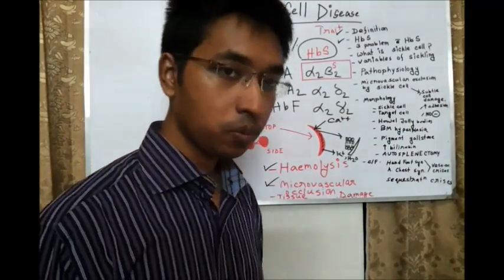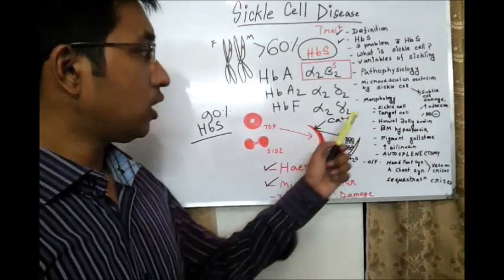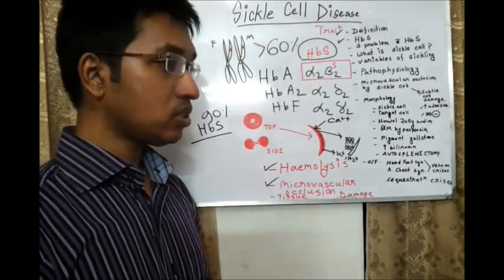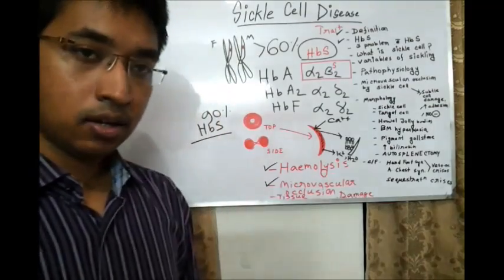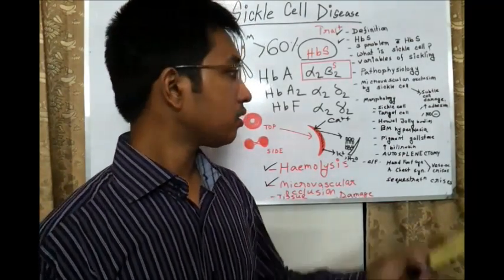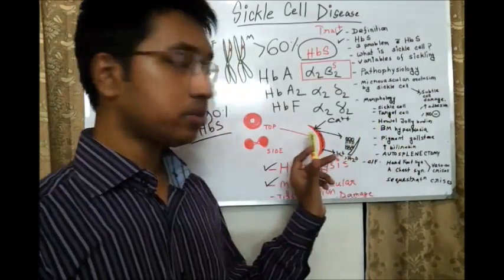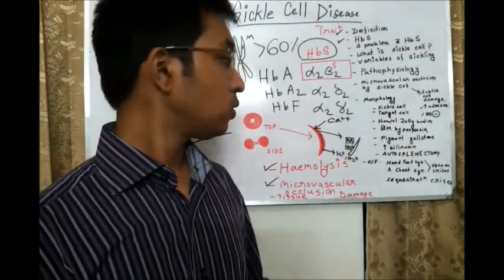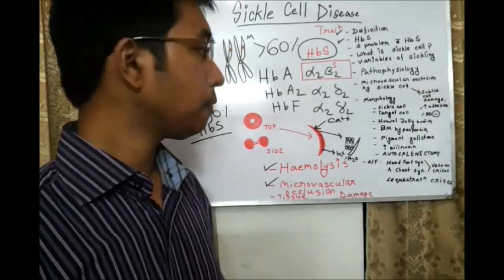Okay, so we're going back to the morphology, how we will diagnose sickle cell disease. We will collect the patient's blood, examine the peripheral blood film, and there we will see sickle cells. Okay. We will also see target cells.